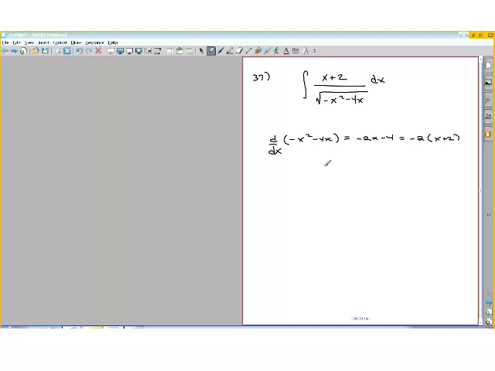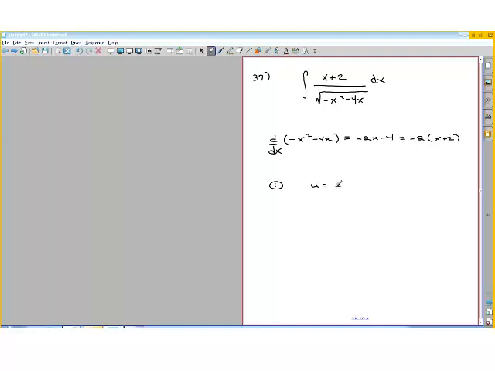Now, if this original equation had been different, and I want to work it both ways just to show you how you would do it the other way, then you would have to break it up. If this number was anything other than just 2, so this matched up exactly, then we'd have to do something different. So let's just finish this off, and then I'll go back and show you another example.